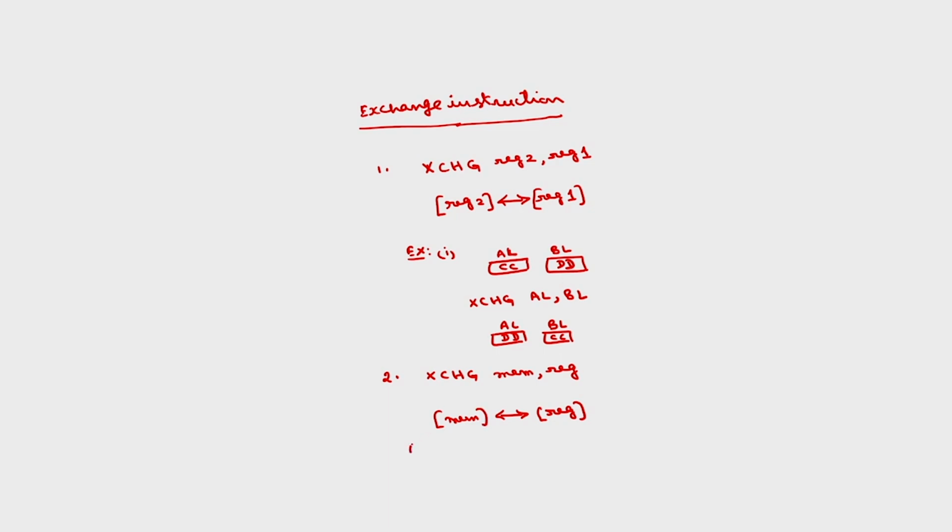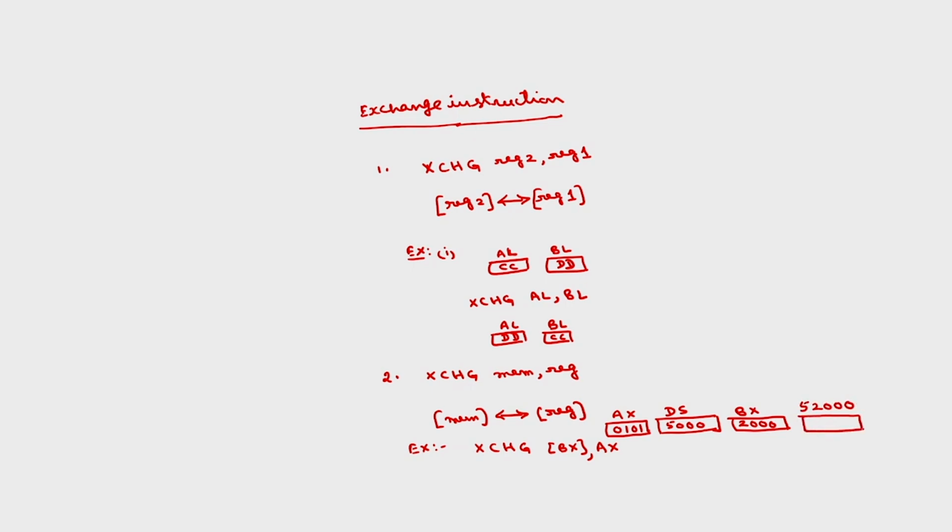If I take an example, if I write XCHG contents of BX comma AX, and the contents of AX here is 0101H, if DS is 5000 and BX is 2000, then the physical address is 52000H, as we have calculated in the earlier examples. By default for all these memory calculations the segment register is the data segment.